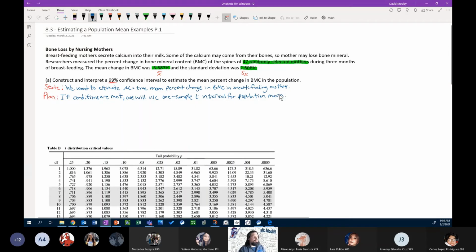So that's the inference method we're going to use, which then means we need to check things.